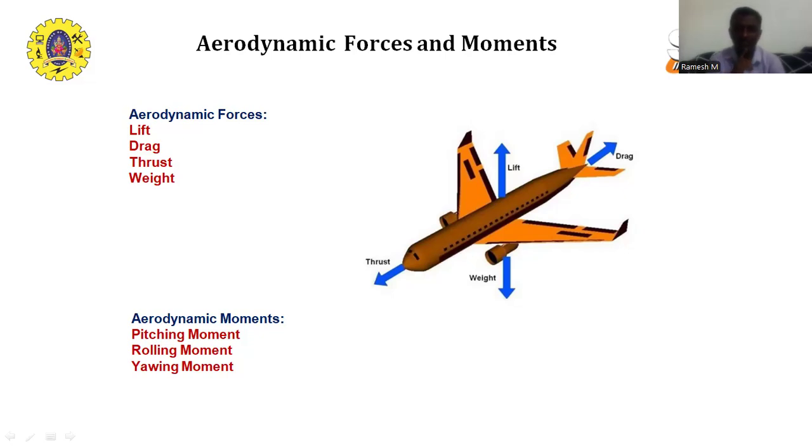So in today's class, we have discussed, once again, I am summarizing here. There are four aerodynamic forces: weight, lift, drag, thrust. Okay. And how thrust is produced and what are the opposing forces, as well as the self weight of the aircraft.